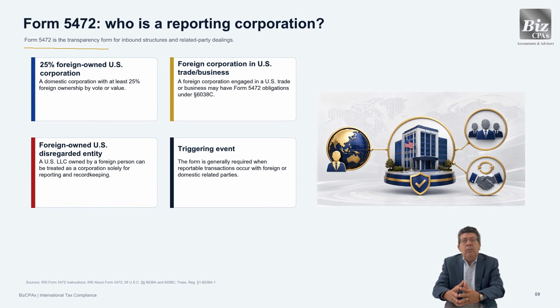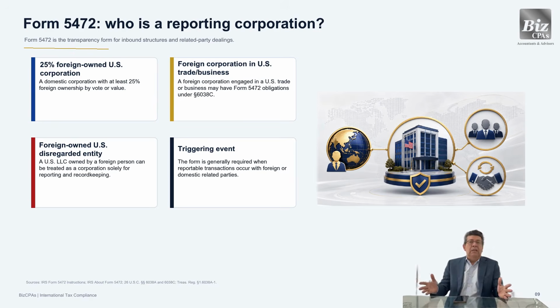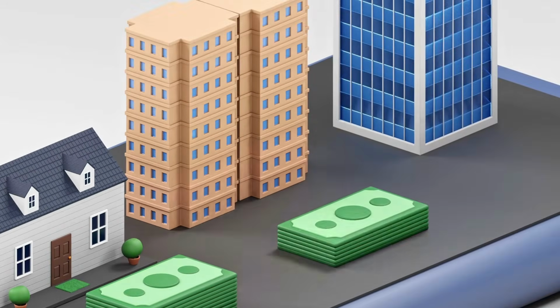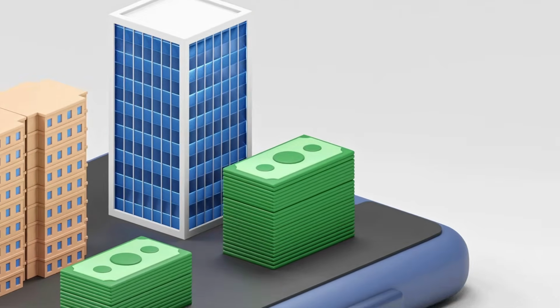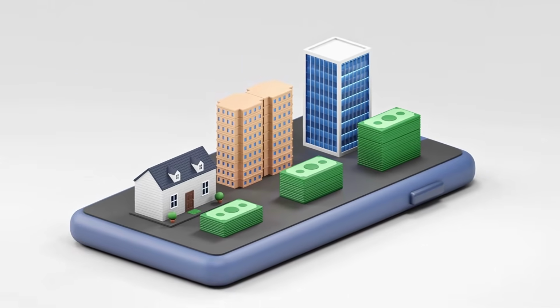An LLC before, when owned by a foreign person or individual, was not required to file any forms if they didn't have any activities connected to a U.S. trade or business. Okay, there were entities that were just created by foreign individuals that own investments, houses, properties, any other investment that was deemed to be not an activity connected to a U.S. trade or business.